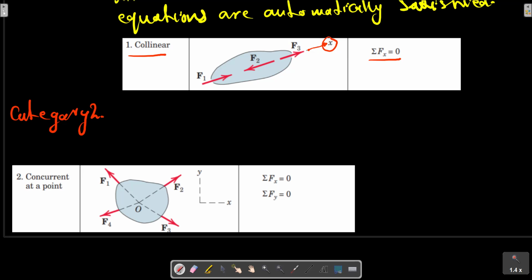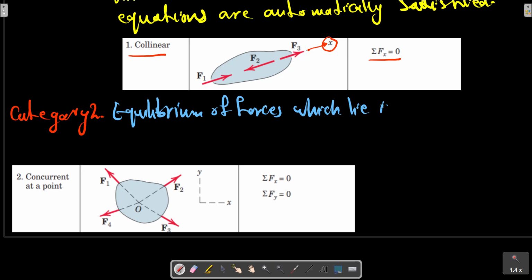Equilibrium of forces which lie in a plane, for example the xy plane, and are concurrent at a point.